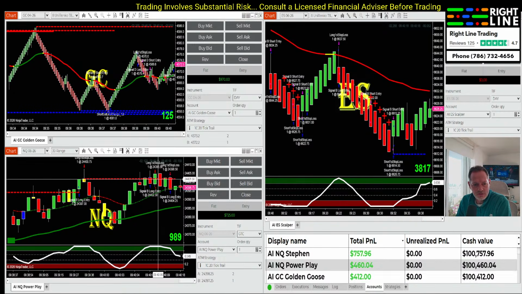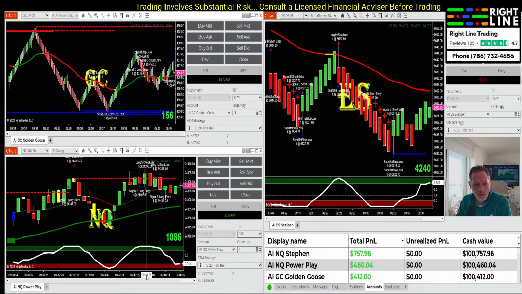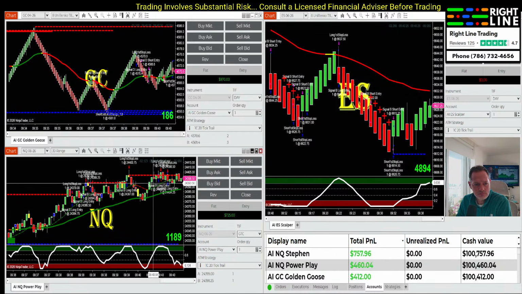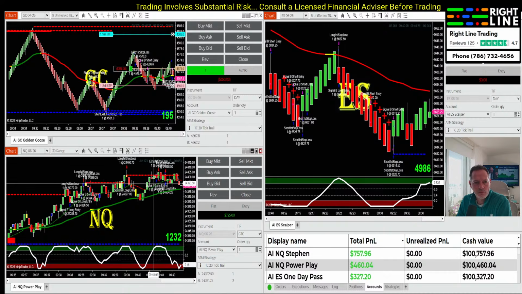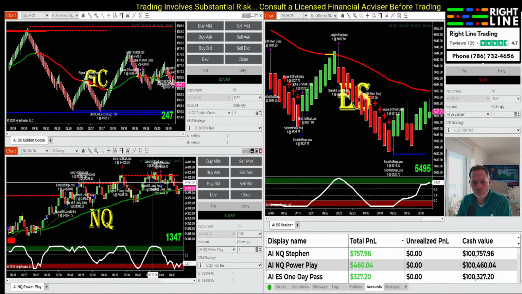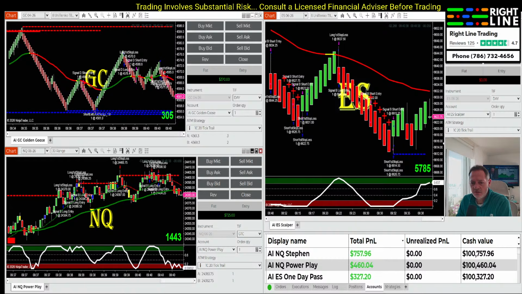Trying to work through this upper level support. A lot of rejections right there. Waiting for the ES over here to kind of find its way.